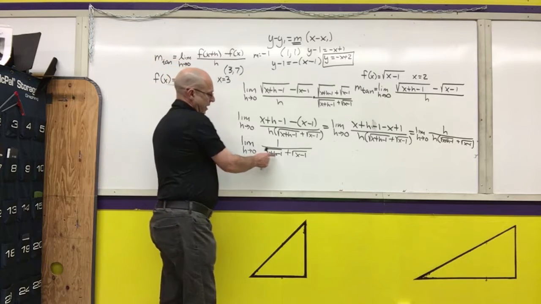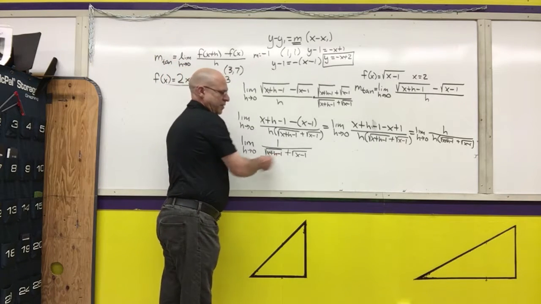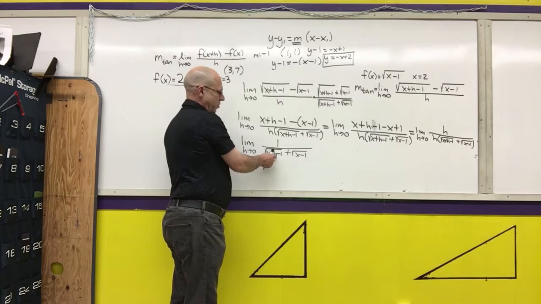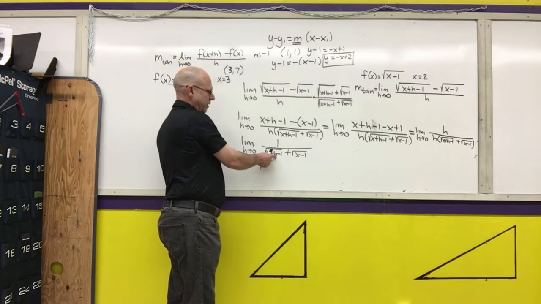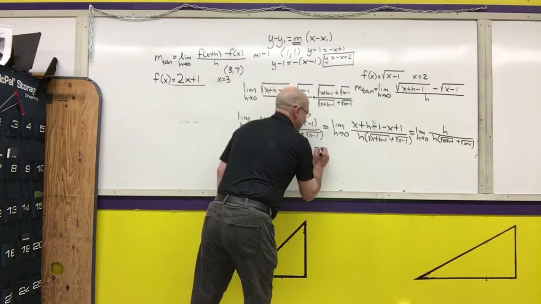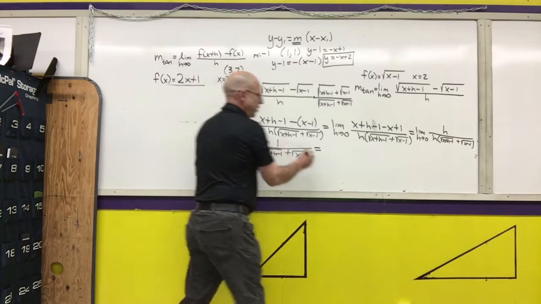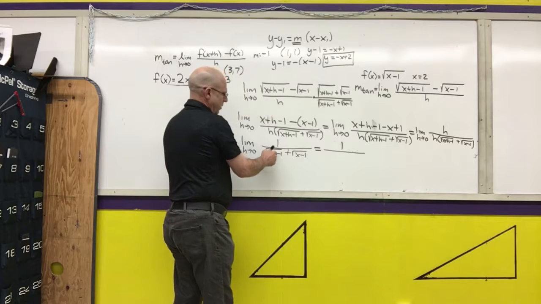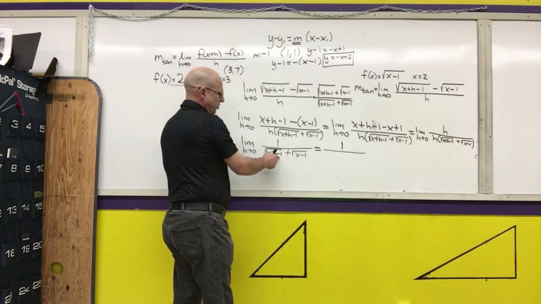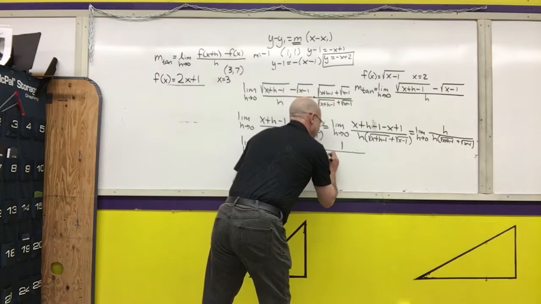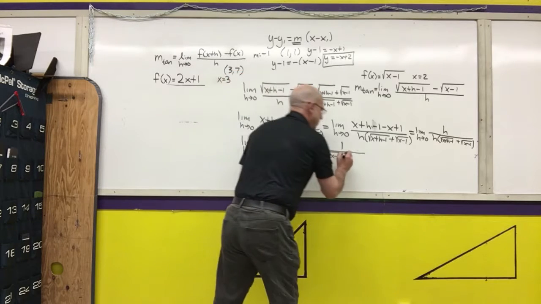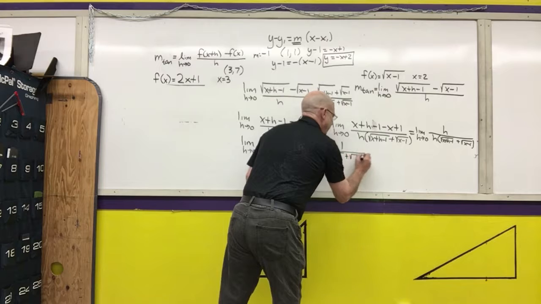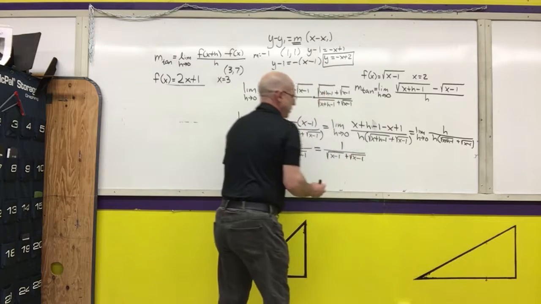Notice now that if I let h go to 0, I'm not going to end up dividing by 0. So I can actually take the limit. So on the numerator, I get 1. In the denominator, h becomes 0, so I'm left with the square root of x minus 1 plus the square root of x minus 1.